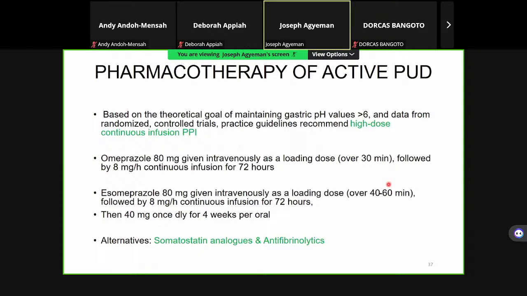Maybe vonoprazan, unfortunately, it's not here. Or maybe the H2 receptor antagonists, if they don't contain sulfur. Once a drug contains sulfur, it will be difficult to use it in G6PD patients, because you can't manage one condition and create another. Do no harm.